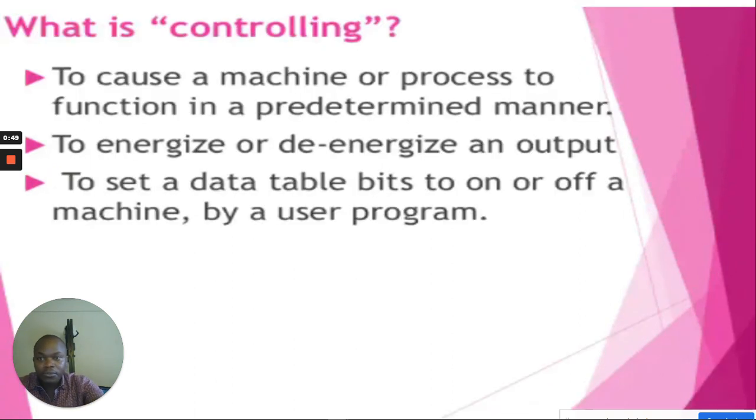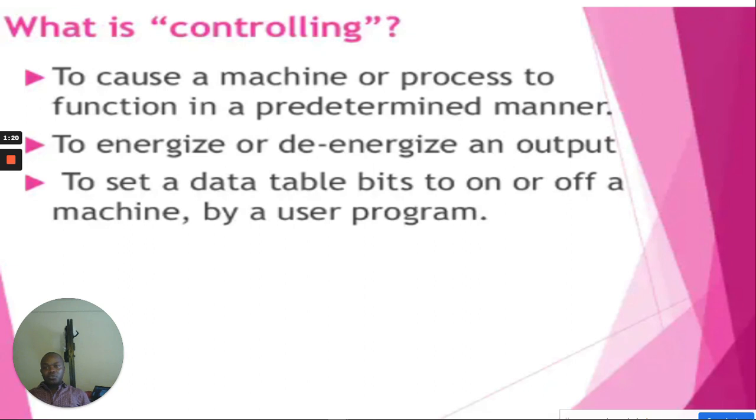So we define what's controlling. Controlling can easily be defined as to cause a machine or a process to function in a predetermined manner. Again, another definition of controlling is to energize an output as a result of some consideration done with a controlling device, depending on the input from sensors.